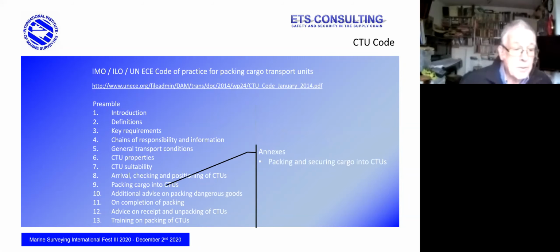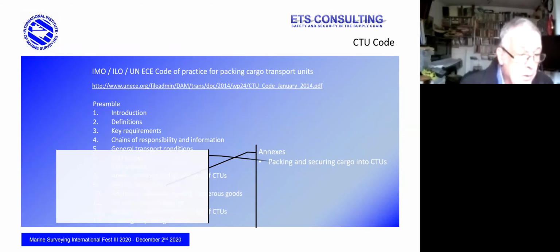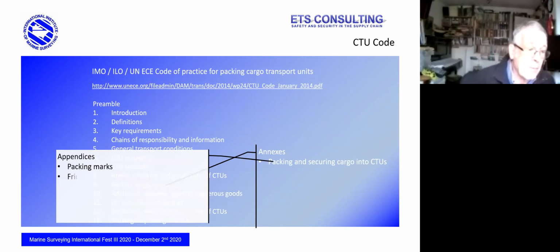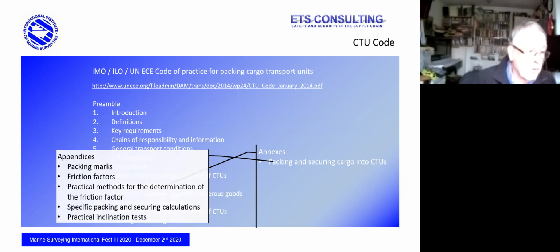And obviously we get onto the packing of cargo transport units, and there is an annex covering that. It's probably one of the most important, and within that annex there are a number of appendices which help the packers work out what the packing mark should be on the packages, friction factors, lots of information on specific packing and securing calculations.